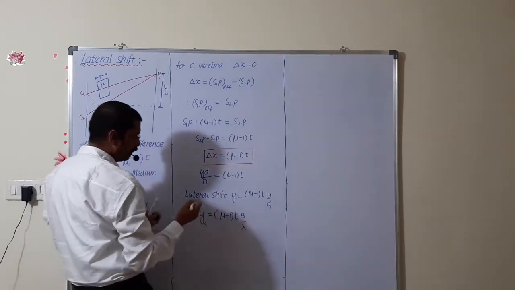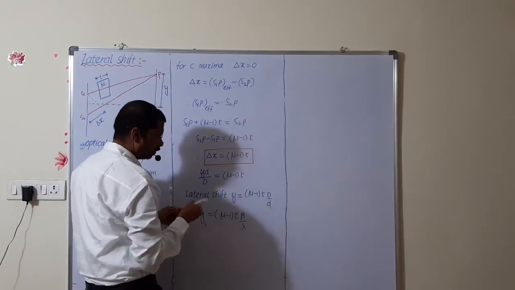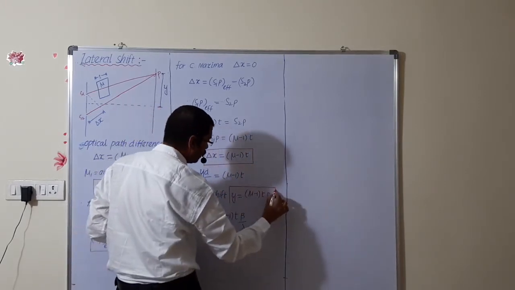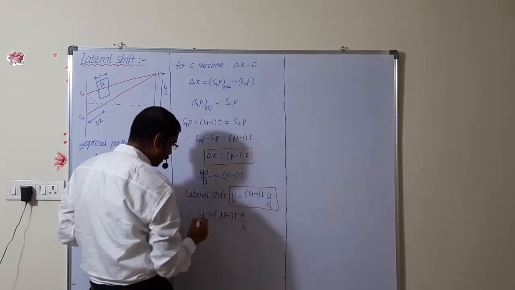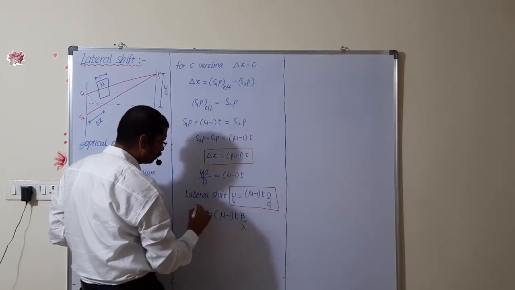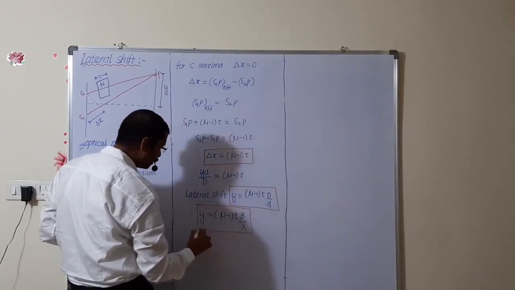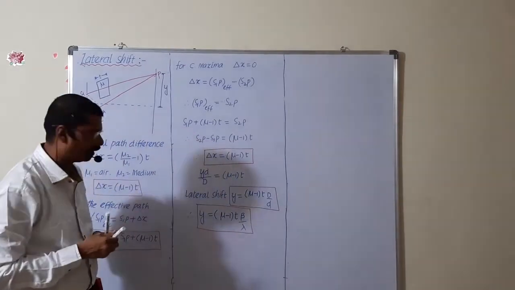Here the lateral shift is expressed in terms of capital D and small d, and in terms of angular fringe width and wavelength of the light.